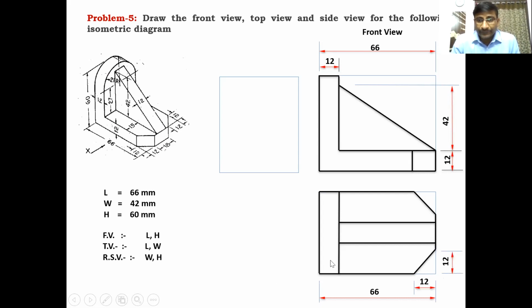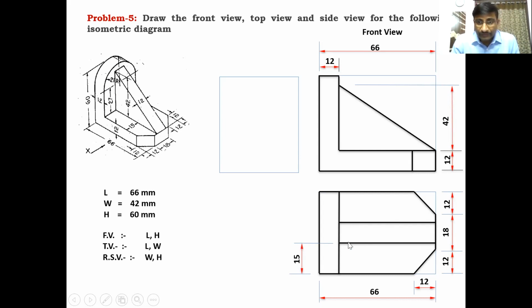Locate the point, and from this point to this point is 12 mm on both sides. On both sides 12 mm, and the total height, this point to this point length, is 18 mm. Total width is 42. Okay, and the line which is horizontal, that's the inclined line surface, starts at a distance of 15 mm from one end.